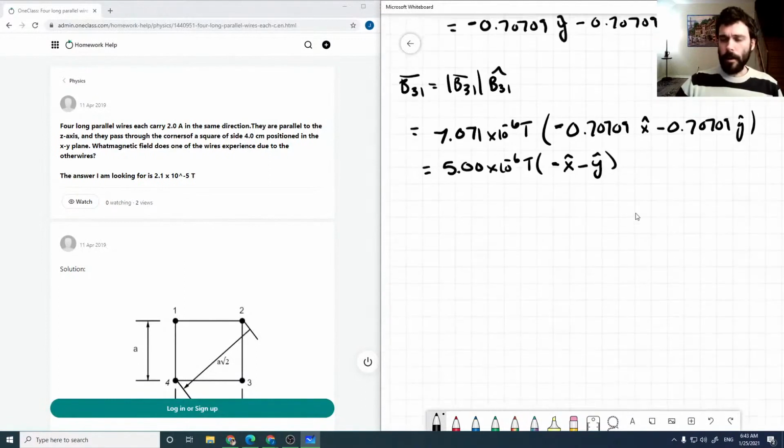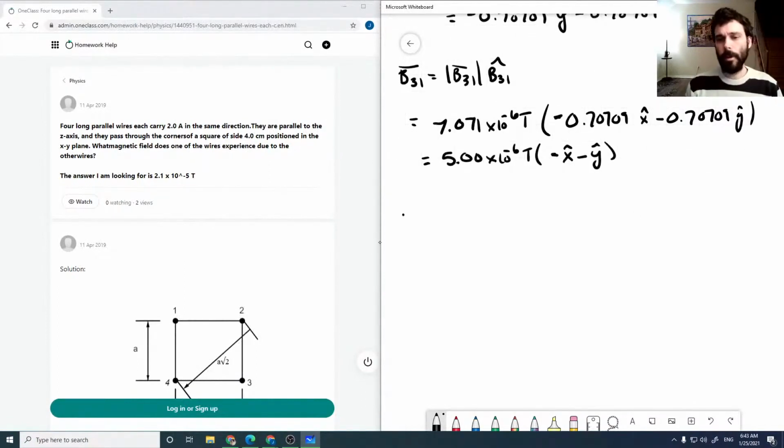All right, so now our B field at 1 is just equal to the sum of these.